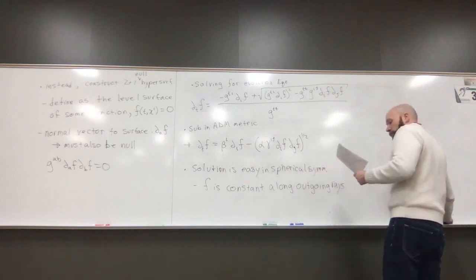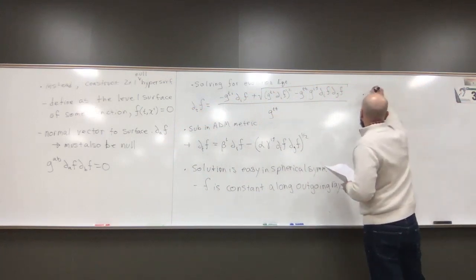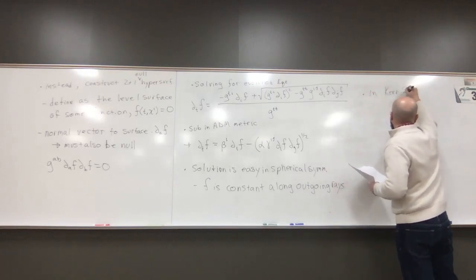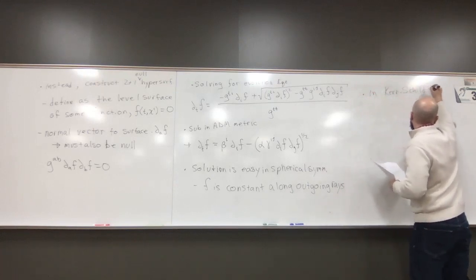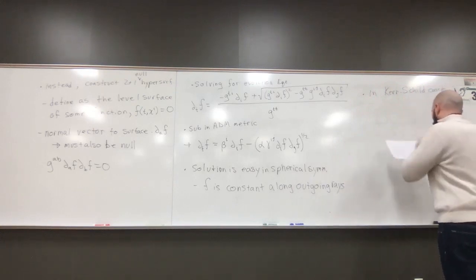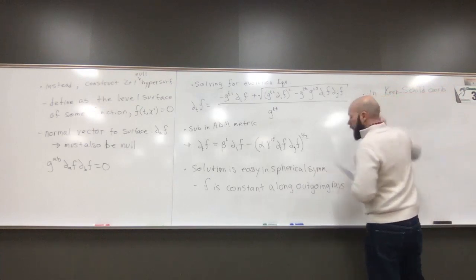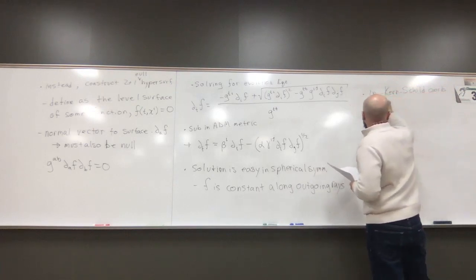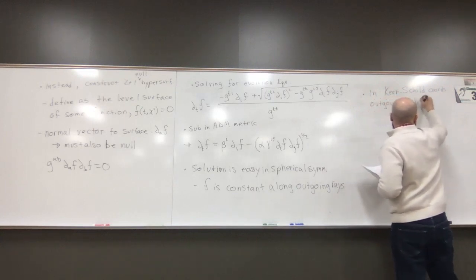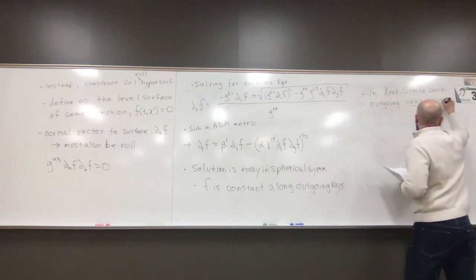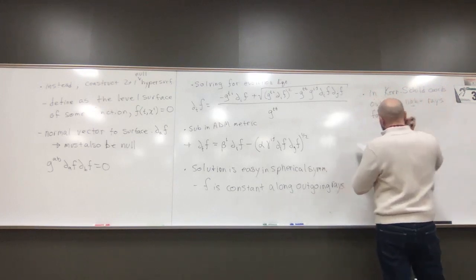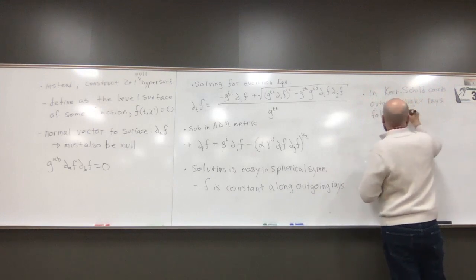And furthermore, another useful thing, which we didn't cover, but is in the book, in Kerr-Schild coordinates, light rays like that, outgoing light rays, follow characteristics. And there's a solution for that in Kerr-Schild coordinates.